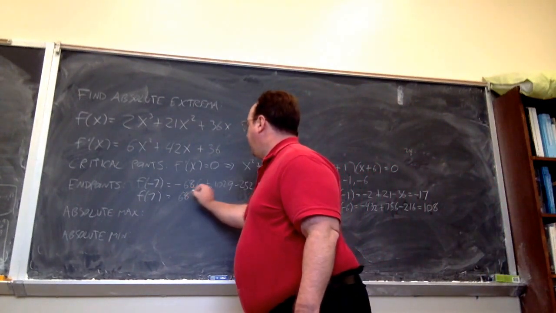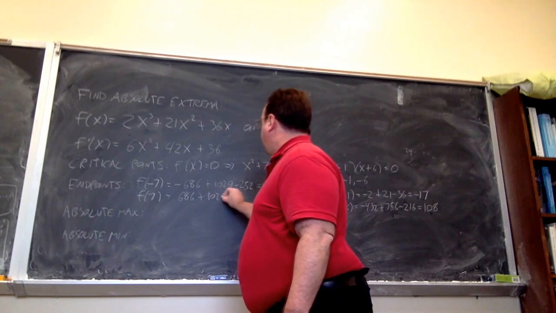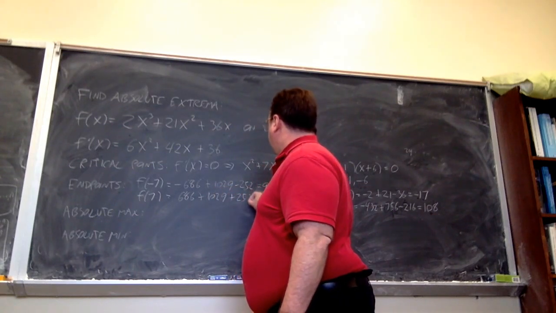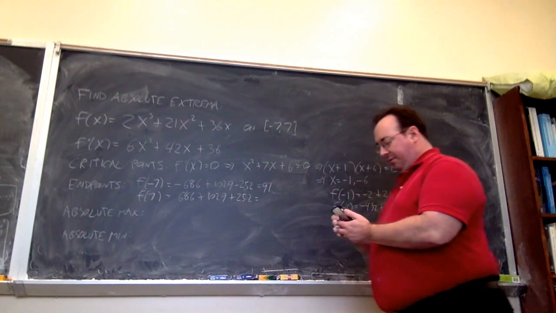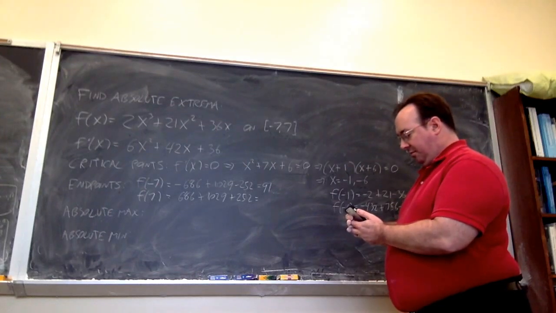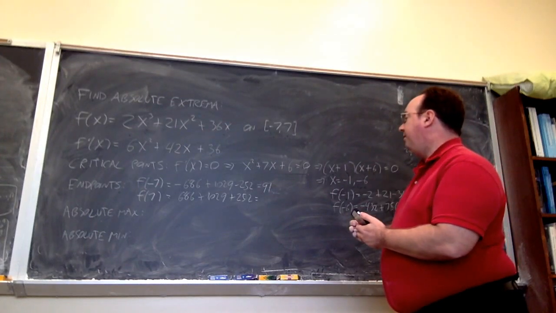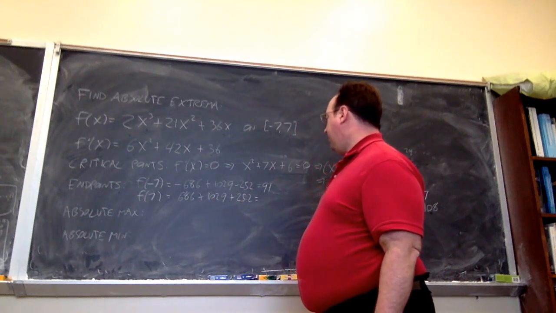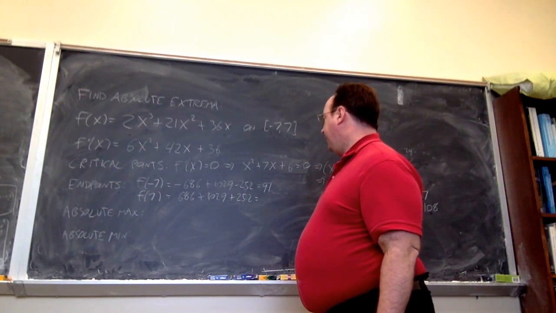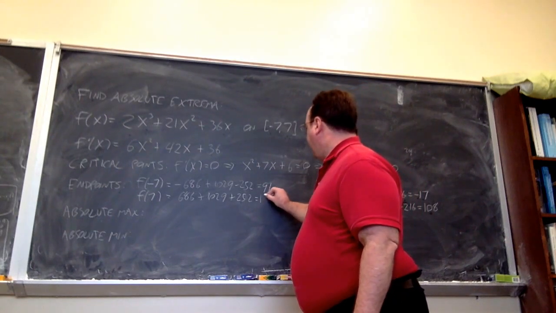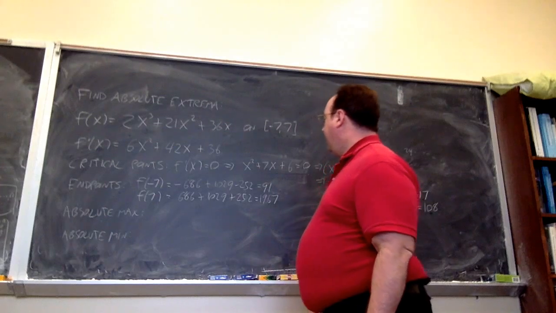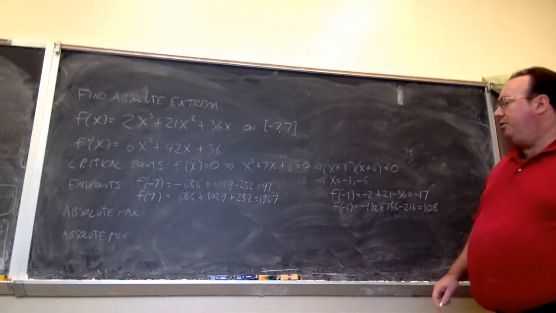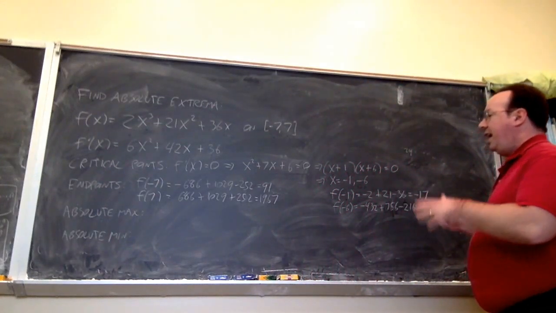So we're going to have 686 plus 1029 plus 252. So 1800 plus 1915, 1967.